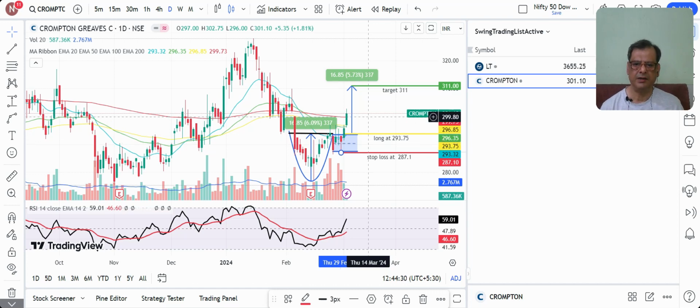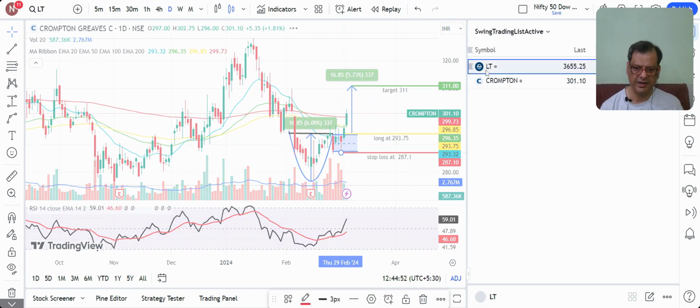Let's see how it goes in the coming days. We can all see whether it hits the target or it comes back down, then retraces. But this is what the cup and handle is. So one final time, the target is the length from the bottom of the cup to the neckline. This is the handle.